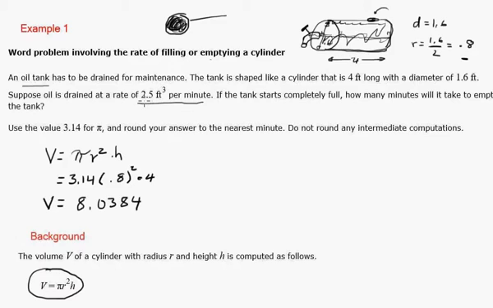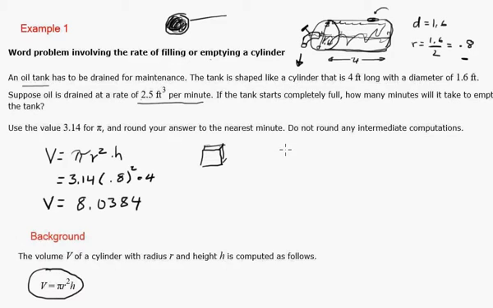And then basically what they're saying is that, if you measured it in terms of cubes, like ice cubes, 2.5 feet cubed come out of the spout each minute. So how many minutes does it take to drain the whole thing?